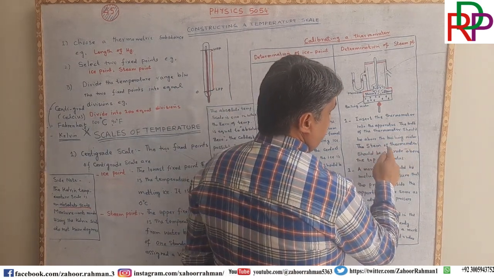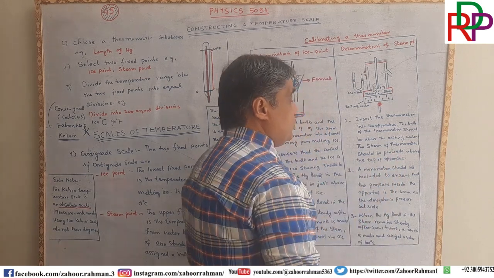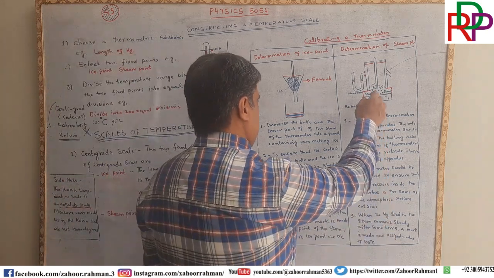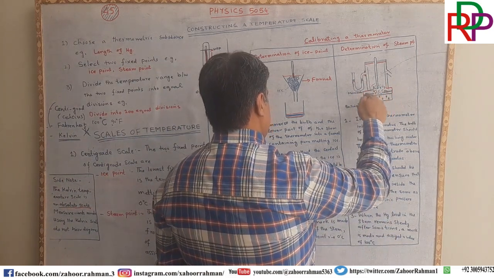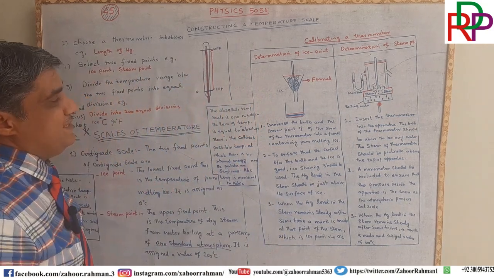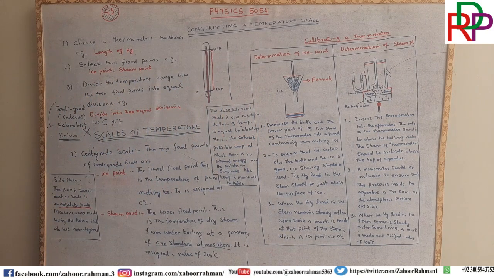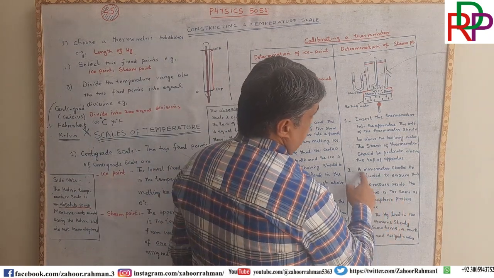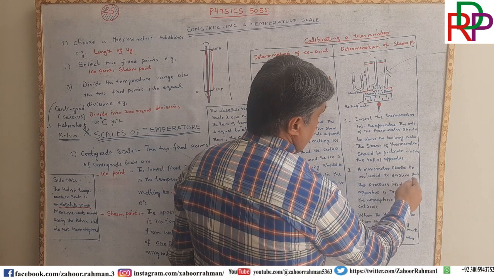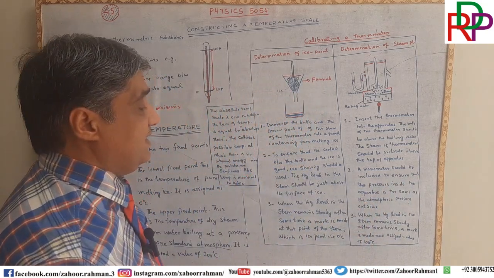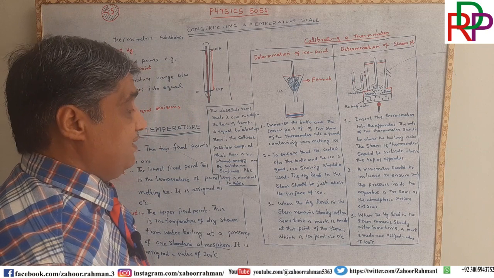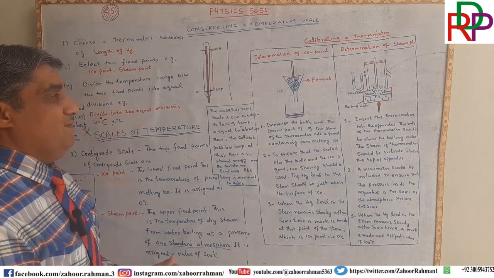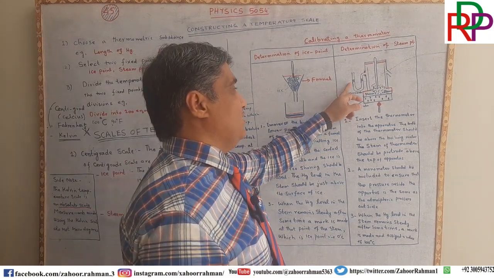The stem of the thermometer should protrude above the top of the apparatus. It should be held above the top of the apparatus, so that it is not touching any part of the apparatus. A manometer should be included to ensure that the pressure inside the apparatus is the same as the atmospheric pressure outside. That is why we are including a manometer.